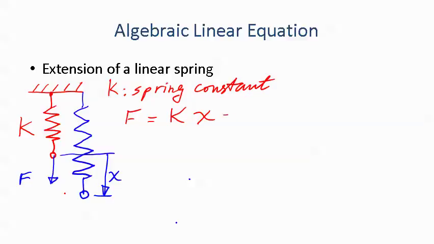From here, we can also solve for x. If we divide both sides by x, we find F over x equals k, or we can find out x being F over k.